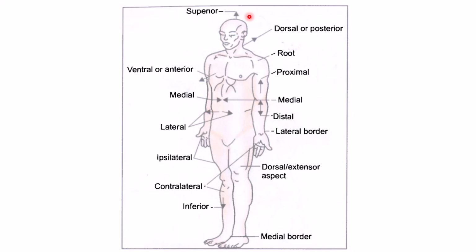See here, this is the superior end, then this will be the inferior end. This is the median line. The structures which are closer to the median are medial, and the lateral are away from the median plane. Then ipsilateral means of one side, contralateral means of the opposite side. Ventral or anterior is the front of the body, and dorsal or posterior will be the back of the body.